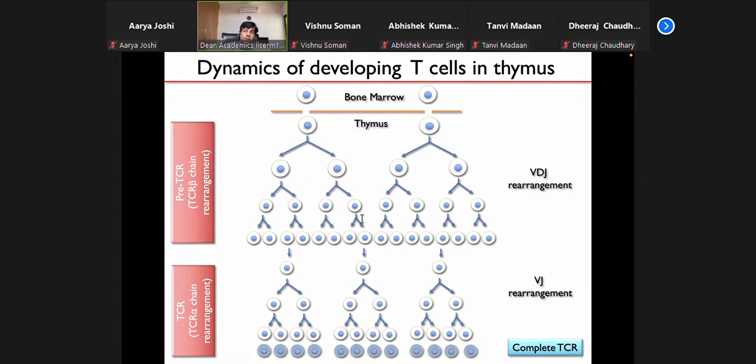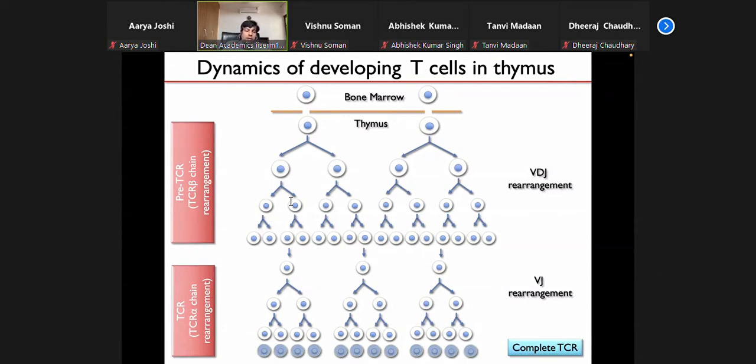During this process, the cells keep on dividing, and eventually you are left with only very selected few cells which make it to the periphery, and they are now sitting there to recognize any antigen that you encounter subsequently.